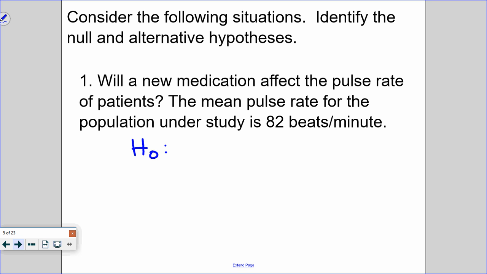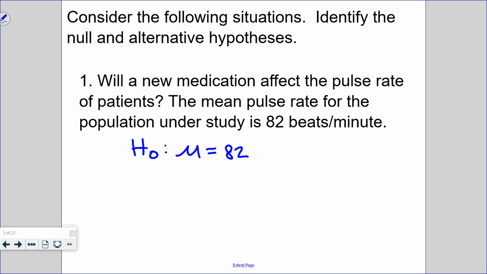Mu. Okay, so mu is my parameter. What we are assuming is that the medication is not going to affect it, so that it's going to stay the same. So mu equals 82. That is our null hypothesis.